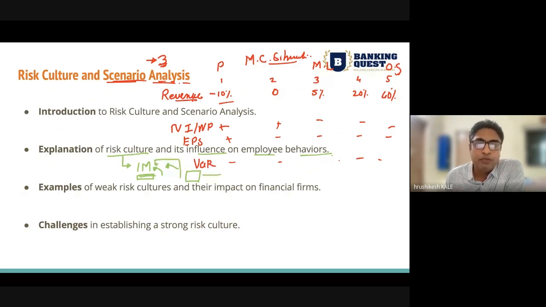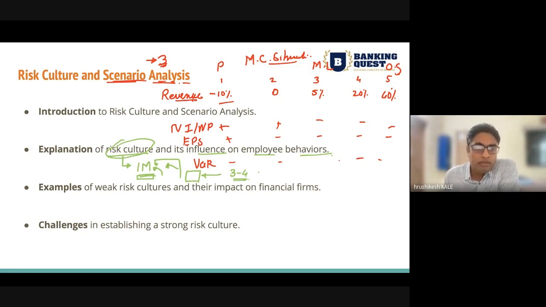Therefore, as a procedure itself, it is compulsory for people working in an MNC to take at least, let's say, 3 weeks or 4 weeks of leave at a stretch. And it's compulsory. So that's a new culture which is coming in the market.